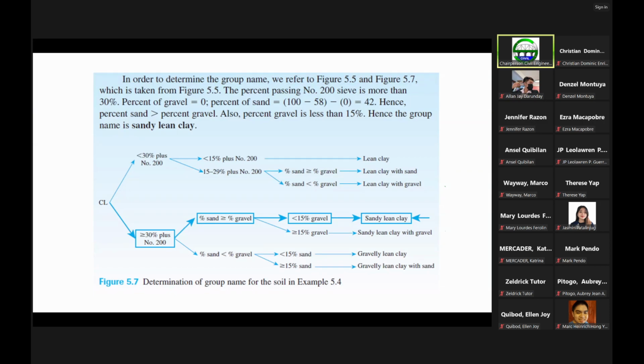To recall, the percent passing number 200 sieve is more than 30%.